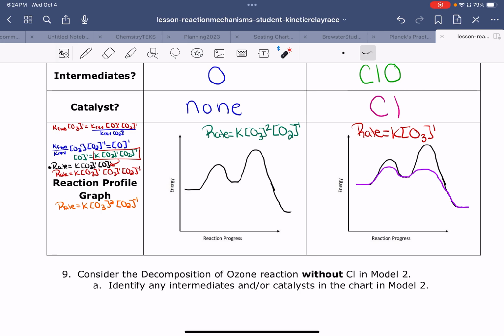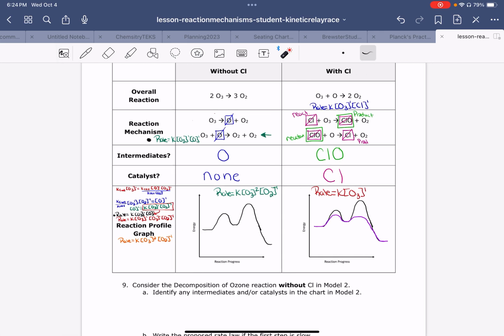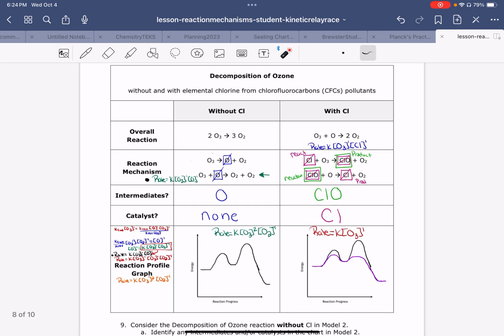A catalyst will lower those two humps slightly to make it easier for the reaction to progress. Without the Cl, will the reaction proceed faster or slower compared to the reaction with Cl? If I don't have the catalyst, I want you to justify what's going to happen. Cl is a catalyst which creates a reaction pathway with a lower activation energy, requiring less energy to successfully break bonds, resulting in more successful collisions.